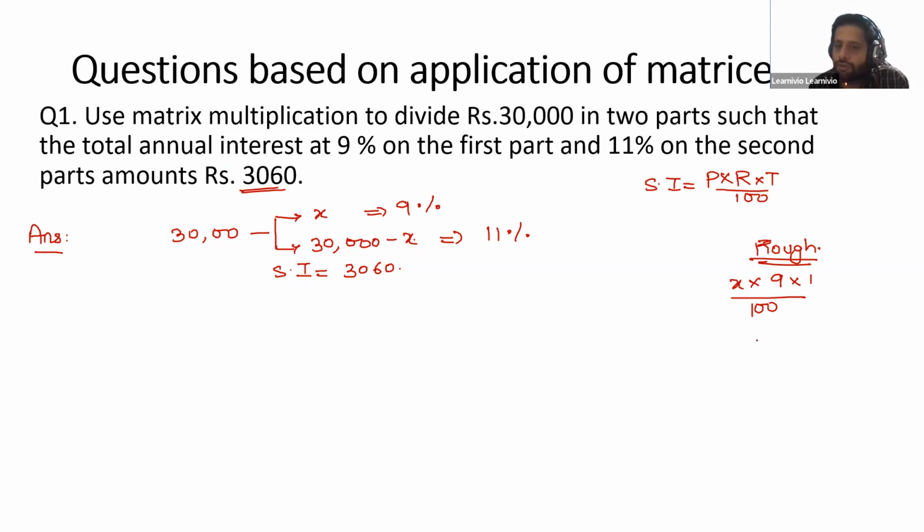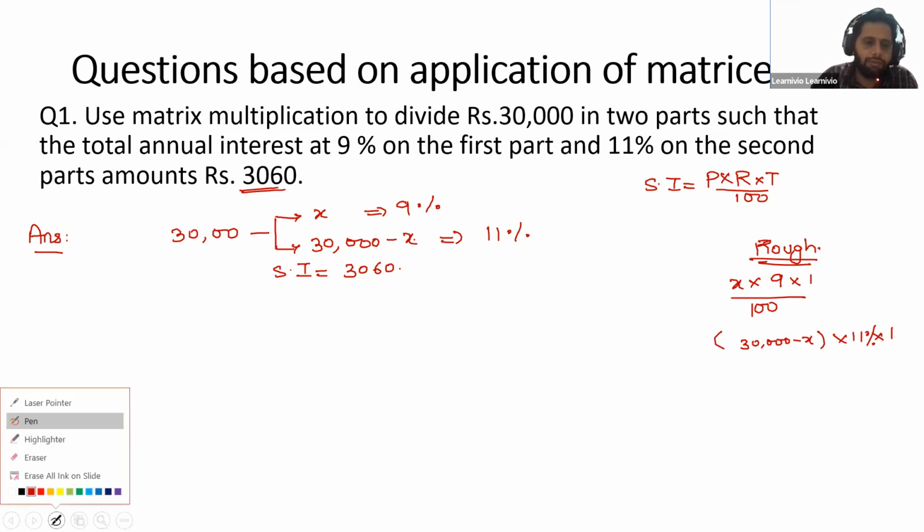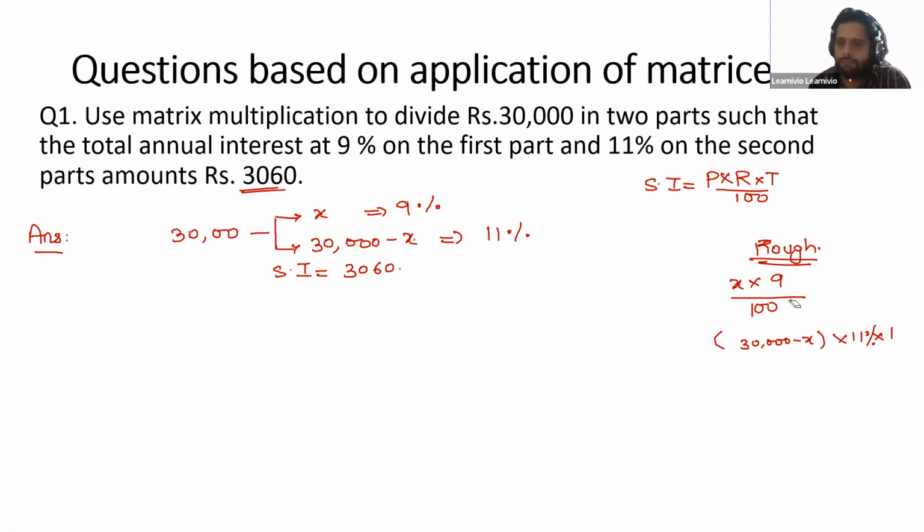Second, we need to apply the interest on this 30,000 minus x into 11% into 1, by 100. This is the interest. We need this equation in the end, and we need to add these two equations.